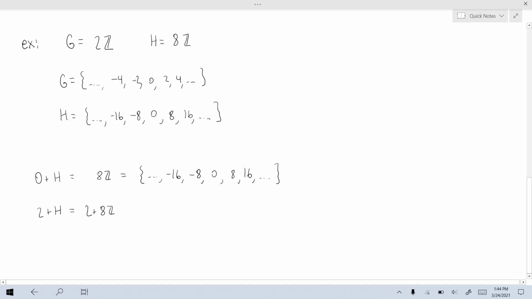Now notice that I don't want to add the number 1 to H because 1 was not a number in my group G, okay? Since G is the group of even integers, then when I'm finding cosets of H, I would only want to use even integers to find the other cosets, all right?